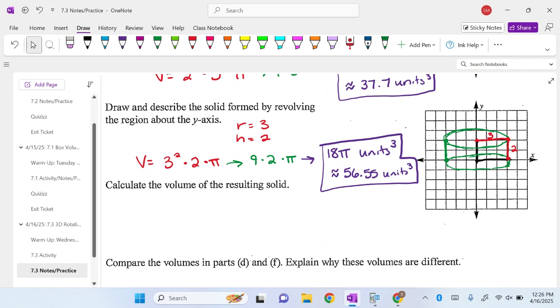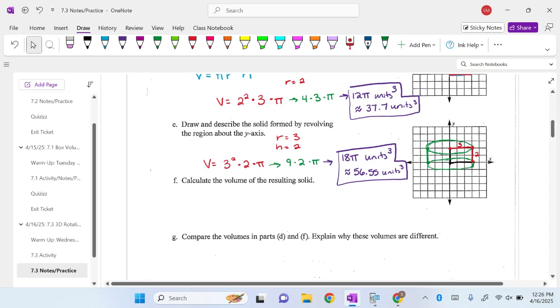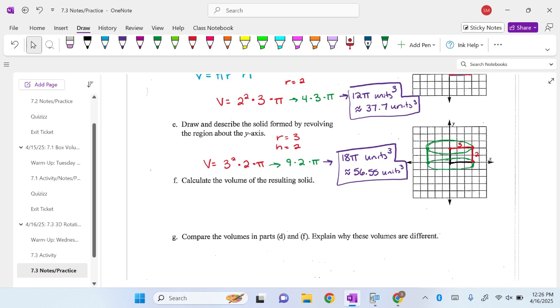So let's think about this carefully. Why are these 2 volumes different? What's the biggest reason? So something to do with the exponents. Landon, what you got? Right, the radius and height flip, and the biggest thing, like Jasmine said, is these exponents. 2 squared is 4, whereas 3 squared is 9. So what happens is that R and H flip, and 2 squared is not equal to 3 squared.